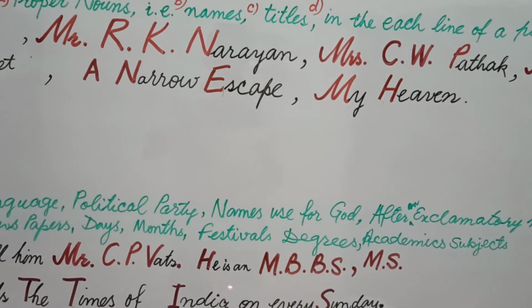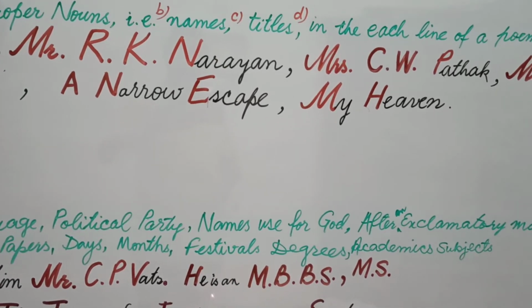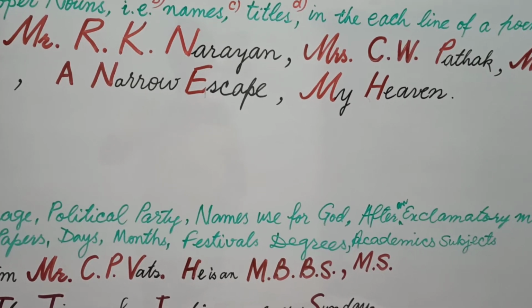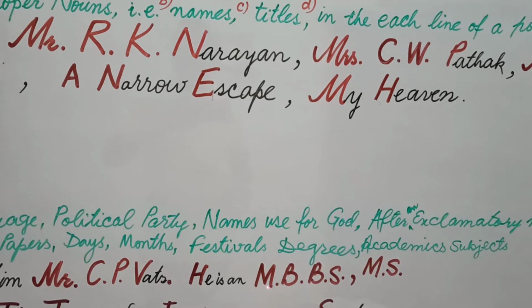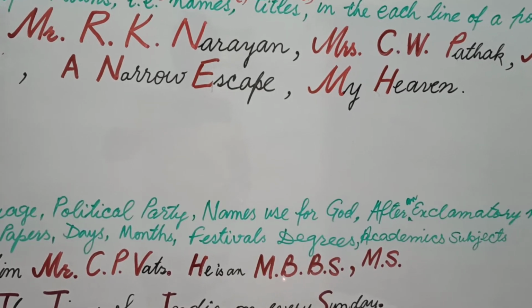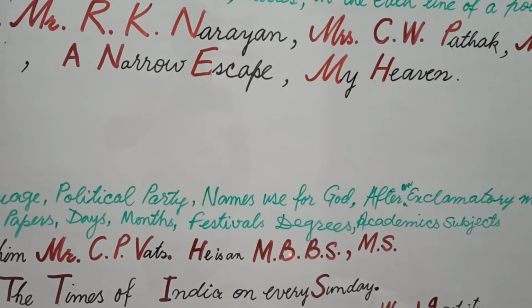Now students, I would like to make it clear why I wrote an here. Sometimes students are confused that there should be a, because this is M, but students try to focus on whatever I am going to say.